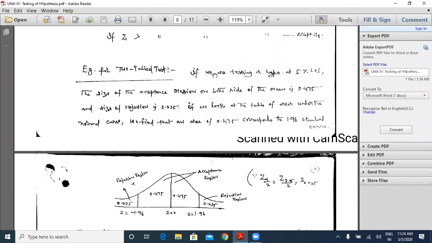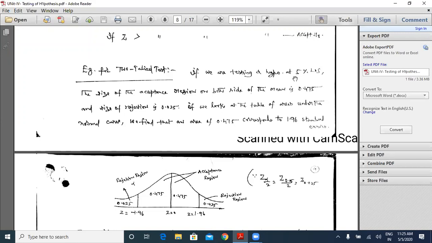Two-tailed test. If you are testing a hypothesis at 5% LOS, the size of the acceptance region on both sides of the mean is 0.475 and the size of the rejection region is 0.025. This area from here to here is 0.5, and alpha is 5%, which means 0.05.